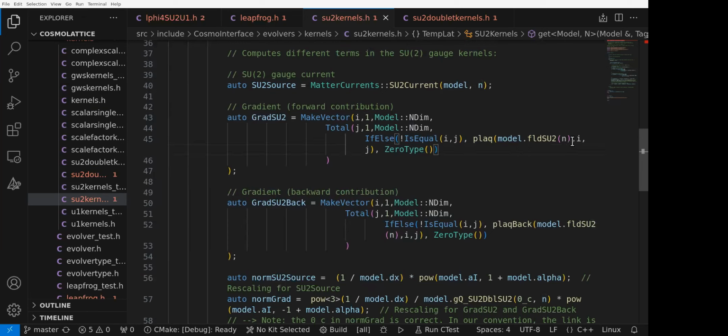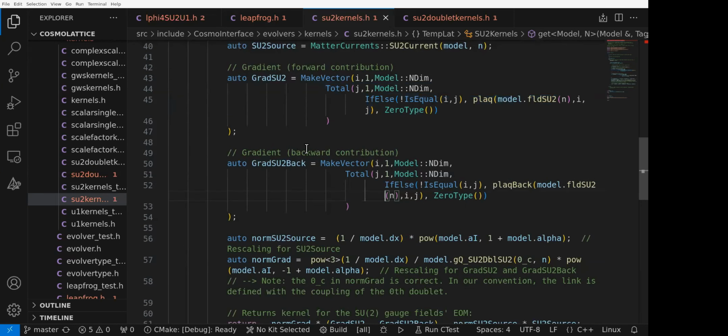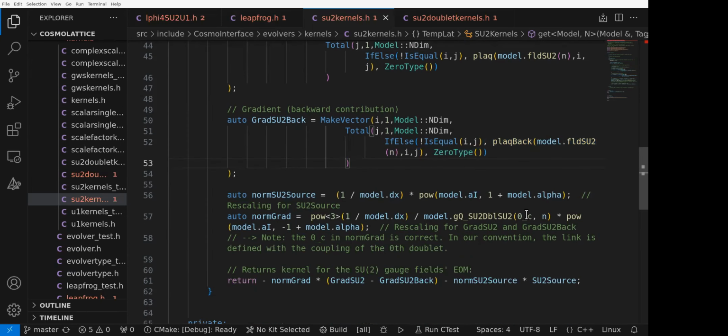The point here is that you take your gauge field, you give it to this plaquette operator, and it computes the plaquette in the directions i and j. And then for the three different directions that you have, you compute the sum over j, which corresponds to taking the divergence. And then the actual covariant derivative is this sum of plaquettes minus the sum of the plaquettes with this multiplication of these two links, so that it is corrected to have the correct transformation once you shift it by a site j.